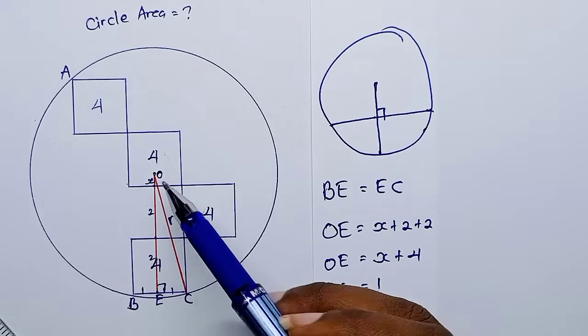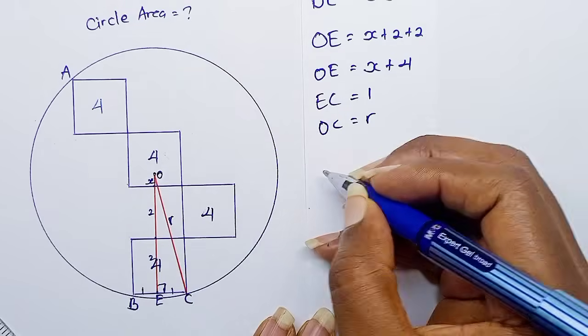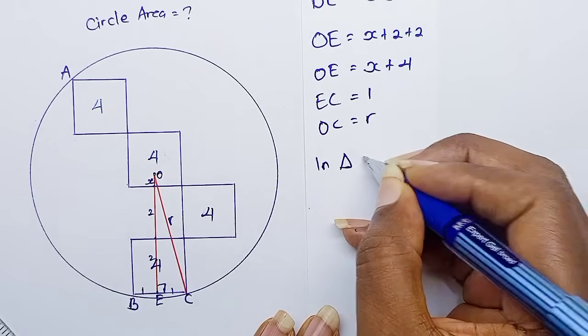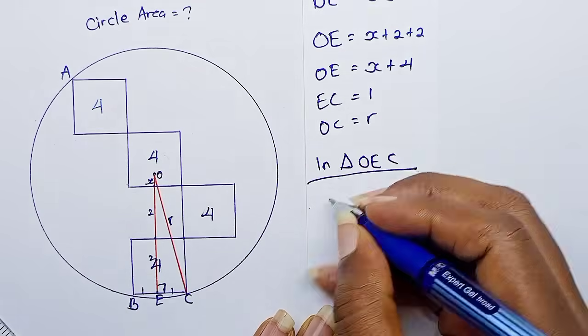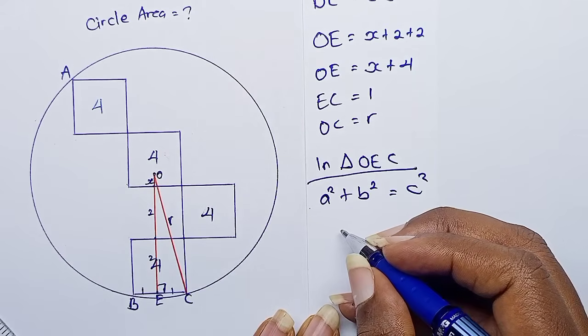Since OEC is a right-angled triangle, we can use Pythagoras' theorem to solve. In triangle OEC, using Pythagoras, a squared plus b squared is equal to c squared.